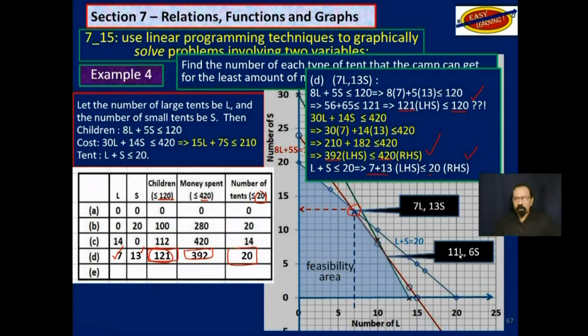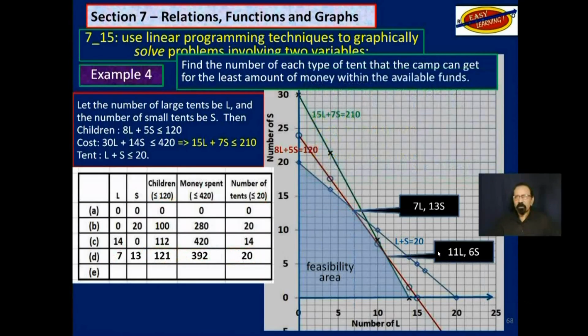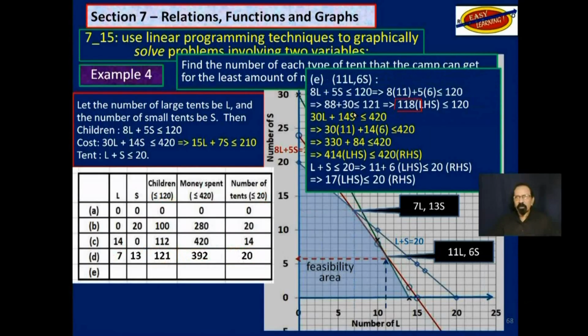Let's look at the other one down here, 11L and 6S. If you do the calculation, we don't have enough space. That's 118. We need space for 120. The finances, 414 you spent, and you have 420, fine. Number of tents, 11 plus 6 would be 17. You are allowed up to 20 tents. So this is okay.